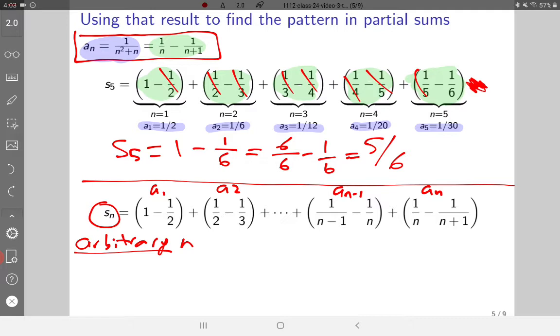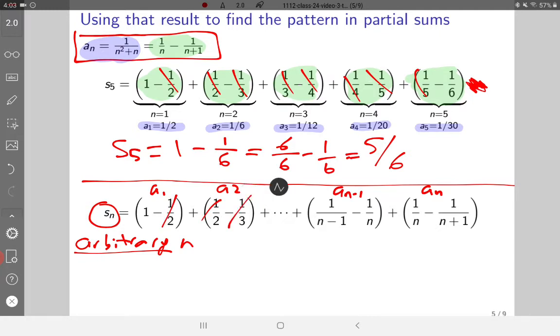And, okay, to get this one I plugged in n equals 1 into our decomposed fraction. This is n equals 2 in here. I kept going, dot, dot, dot, and this is when I plug in n minus 1 into here. And then this is me plugging in n into here, so I'm just rewriting that thing. And then the canceling happens, minus a half plus a half, minus a third.